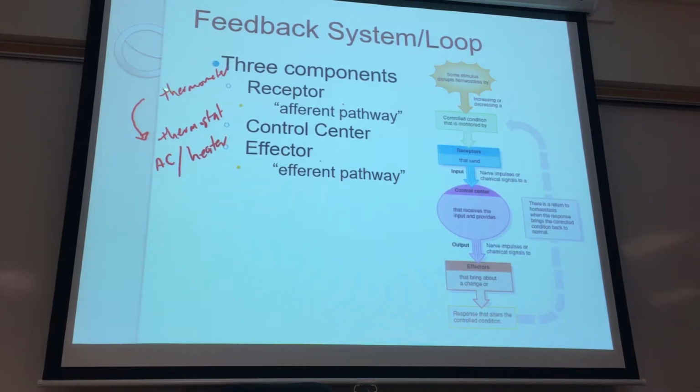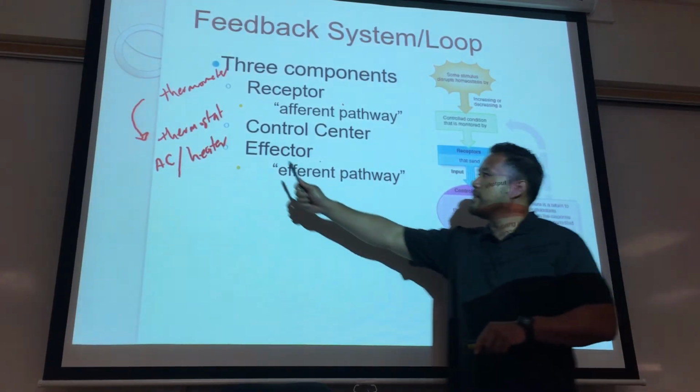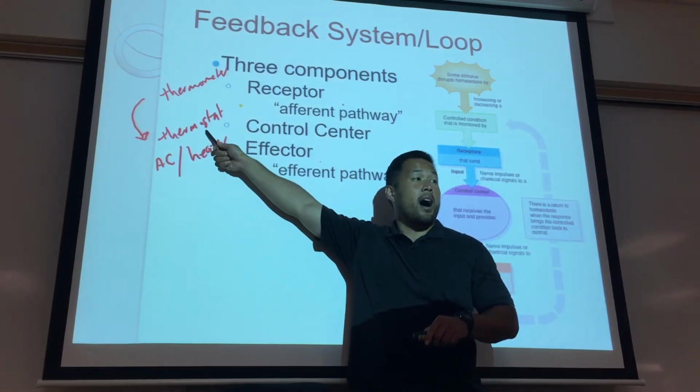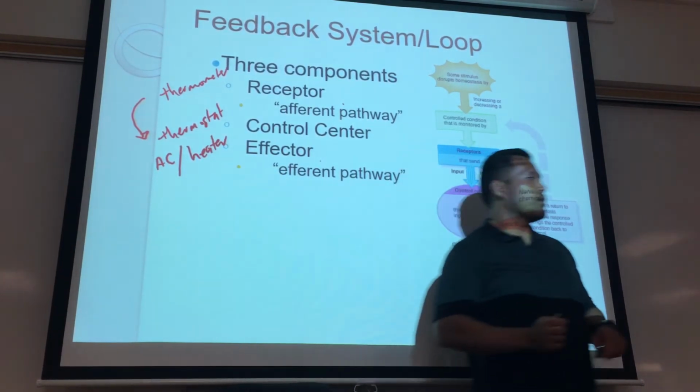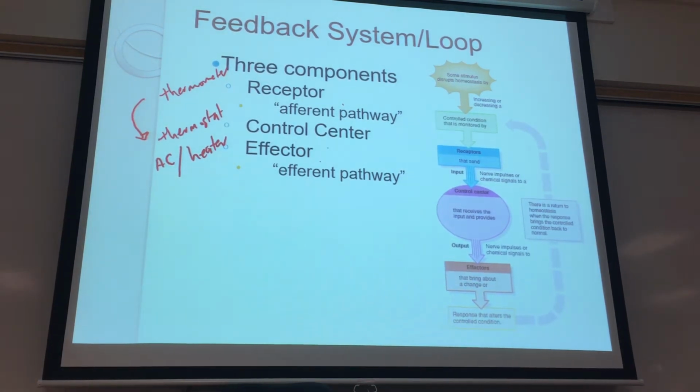It's going to take the information it's receiving from the receptors or the sensor, the thermometer, saying if the information the thermometer is telling me is 74 and I need it to be 70, the command center is going to say, this is the decision that I want to take place. I want to cool the room. It's going to relay that information over to the next section, which is the AC or the heater. And it'll turn on the AC and say, turn this on. Okay? Now the AC is on, it's pumping cold air into the room.